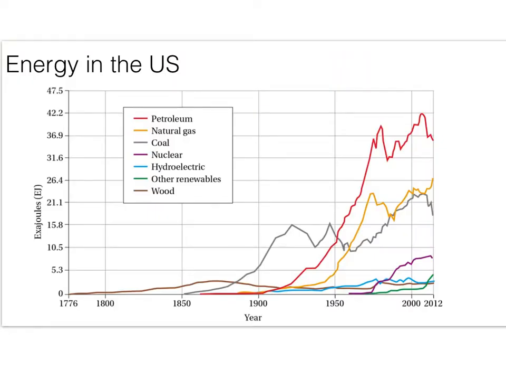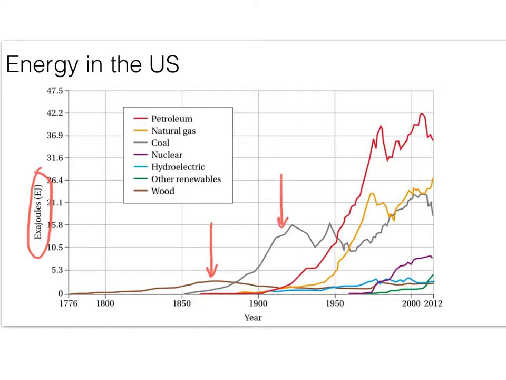Okay, so let's take a snapshot. Let's take a look at the energy use in the U.S., and this is in exajoules, which is a huge number. And we can see right off the bat that we used wood a little bit, but now we don't really use very much wood compared to others.